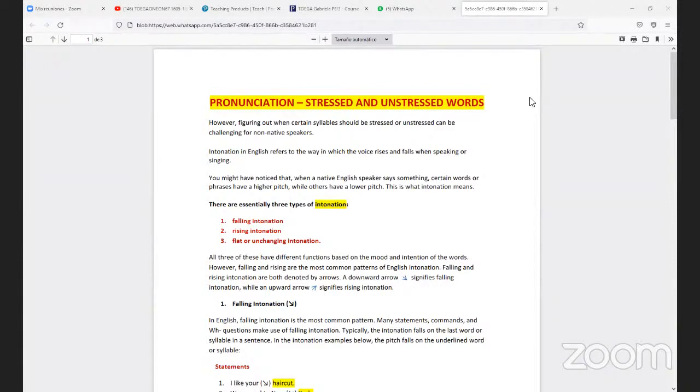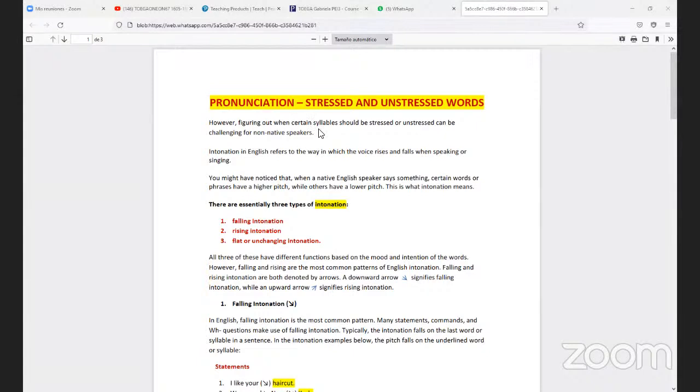Why this part? Because in listenings, podcasts, and videos, you are going to see that in some sentences the voice of the person is up in some parts and down in others. So it could be falling or it could be rising. We are going to see in what kind of cases we could use this.